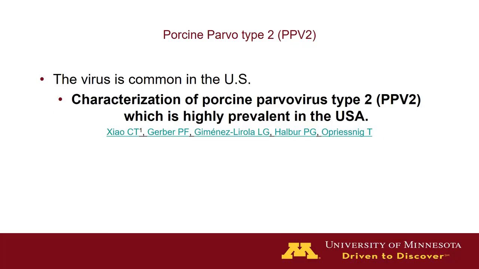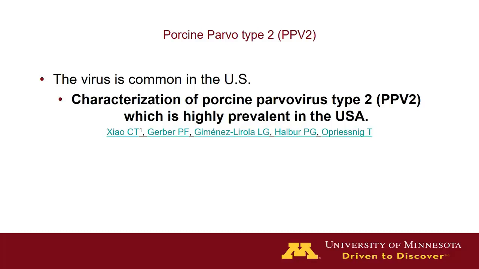We started looking at porcine parvovirus 2 probably 5-6 years ago. There's a paper out from Dr. Helber and Tanya Pressing that talked about how common parvovirus 2 was in the U.S. They didn't make any comments on what they thought about it as a cause of disease, but a different parvovirus struck my interest.